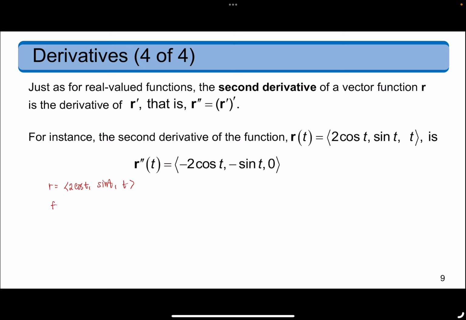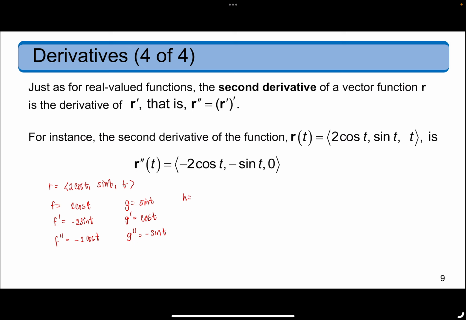So f is 2 cosine t. So f prime is negative 2 sine t, and f double prime is negative 2 cosine t. For g, sine t, so g prime is cosine t, and g double prime is negative sine t.